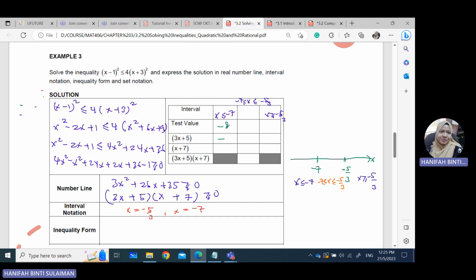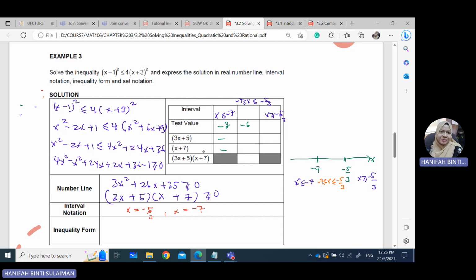So negative 8 plus 7, we have negative 1. Negative value. So untuk nilai yang buat di tengah-tengah ni, kosong tak termasuk. Kita ambil x equals to negative 6. Kita ambil test value negative 6.